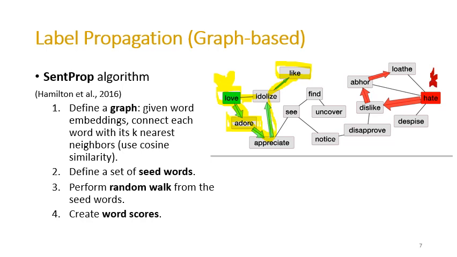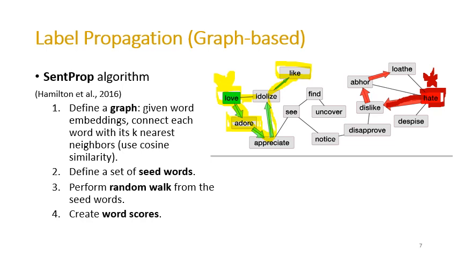You perform a random walk, and each word that has been visited by this negative path will receive a negative score. Again, this negative score is proportional to the probability of that word being visited when you start from the word hate. And then you do this a lot of times.